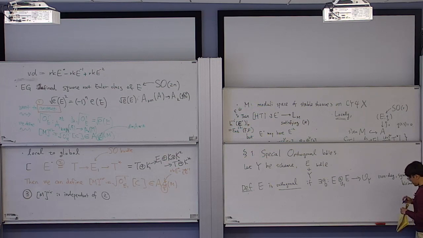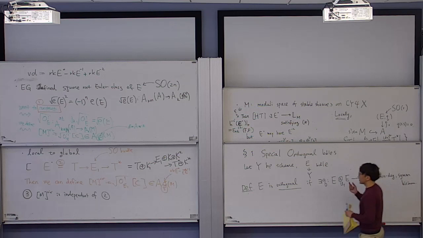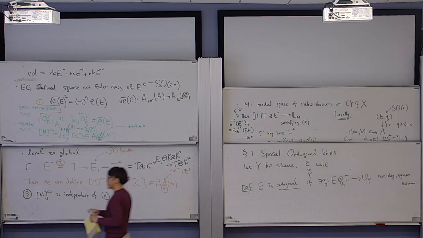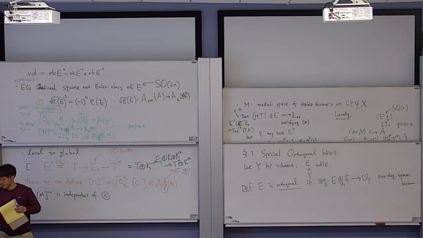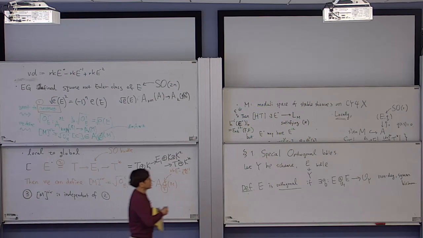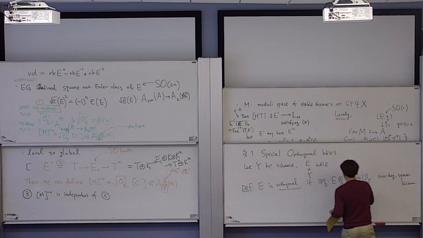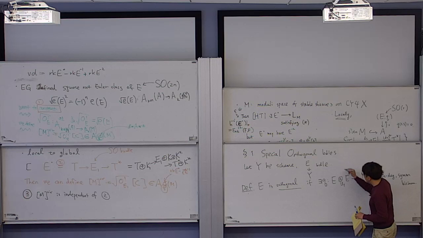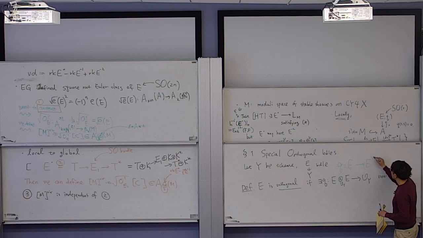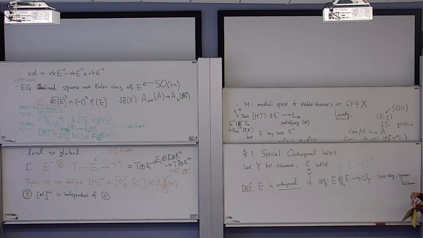Another interpretation of these properties: this quadratic form induces a morphism from E to E dual.